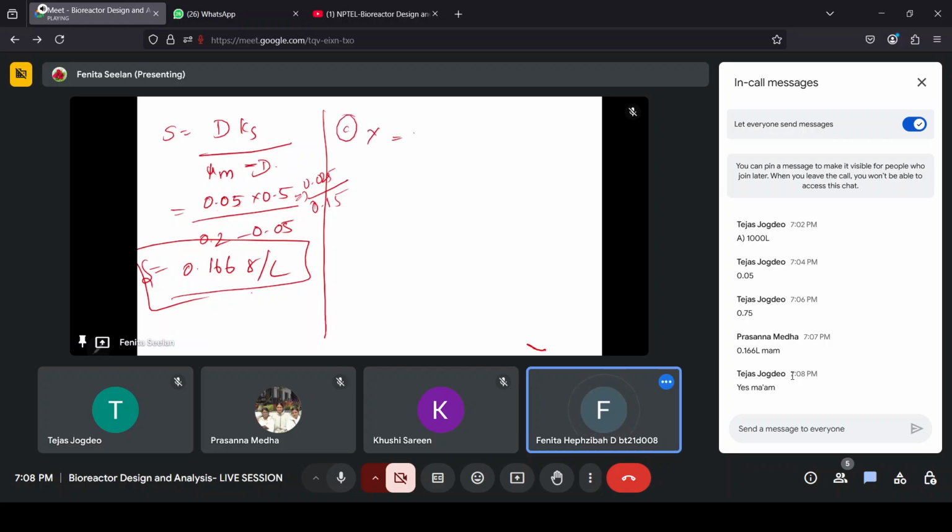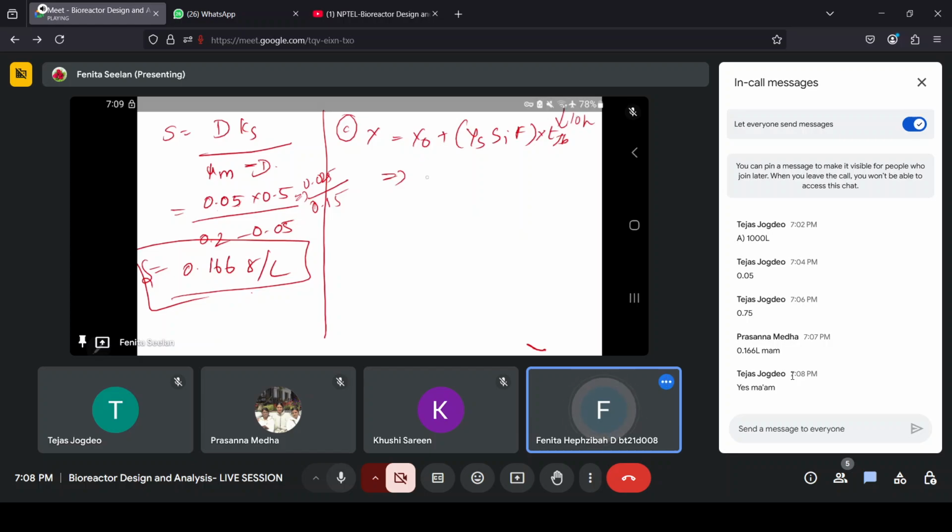X is equal to x naught plus Y x/s into F into time for the batch. We know this time is 10 hours, it's been asked for x naught at t is equal to 10 hours.